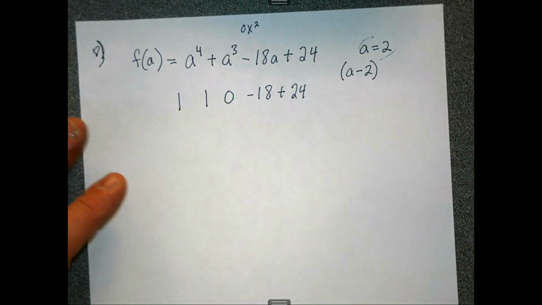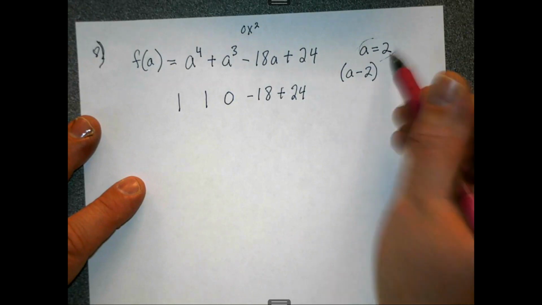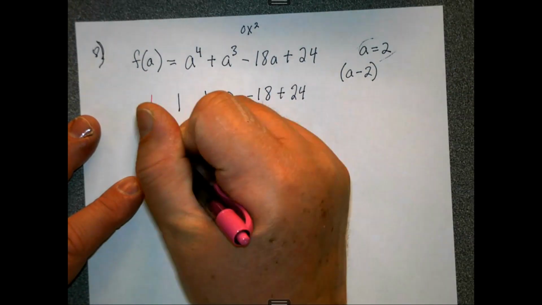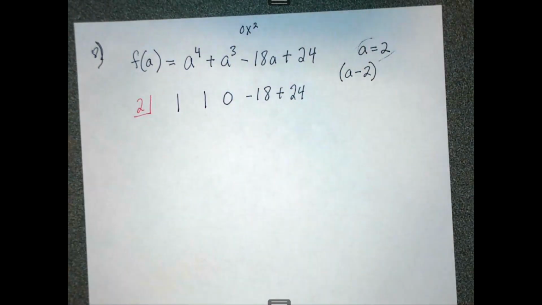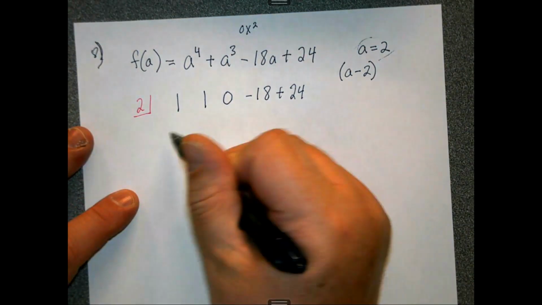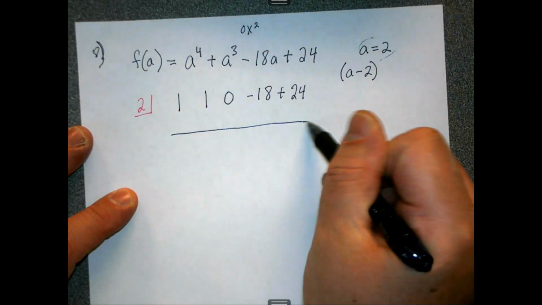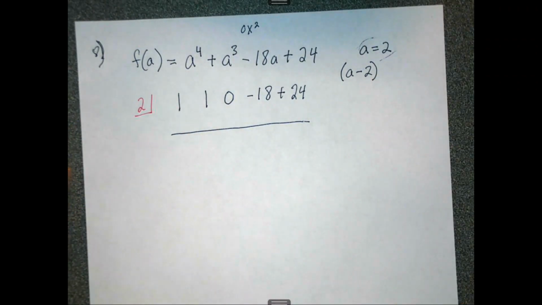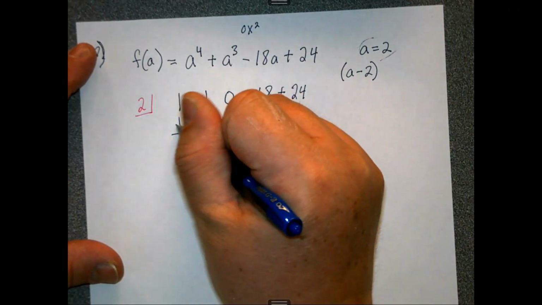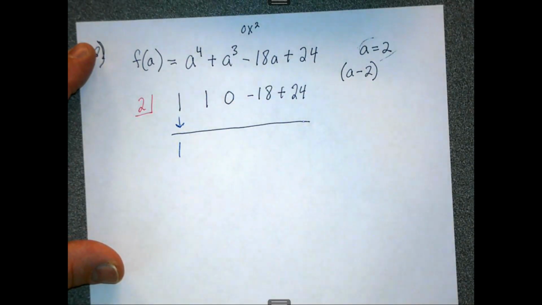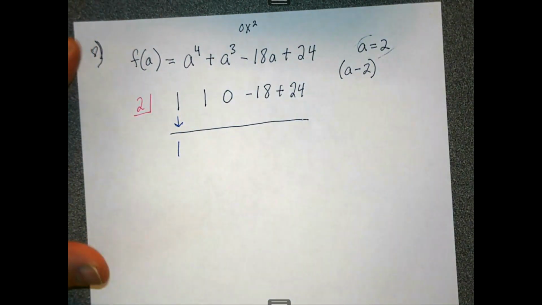My divisor, I have to use the actual value of a, which is 2. We ready? Bring down the 1. Oh, we have to include a 0 in this? Yes. So with both divisions, even long division, you have to put a 0 in.